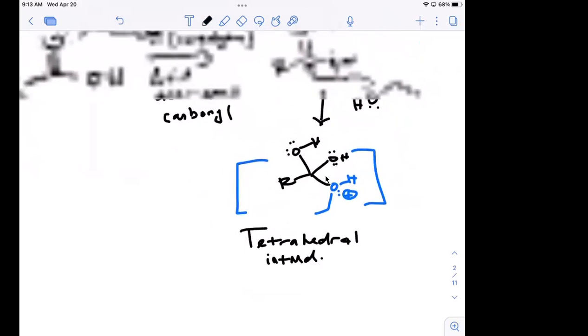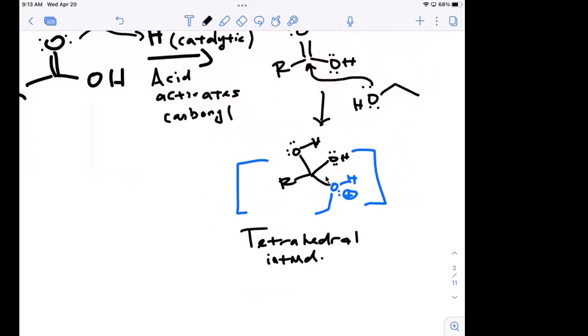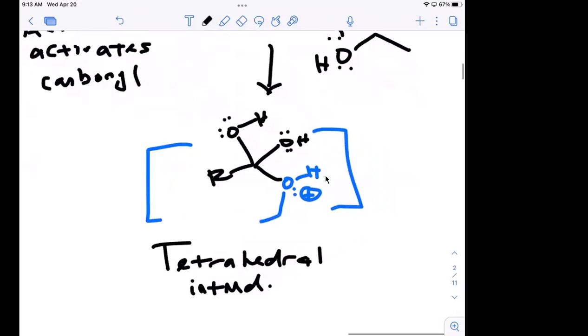This tetrahedral intermediate is really common to all carbonyl additions. Anytime you add to a carbonyl, you're going to go through a tetrahedral intermediate like this, especially if it's an ester or acid or something like that, that can decompose and reform that pi bond. You'll get something like this, right?